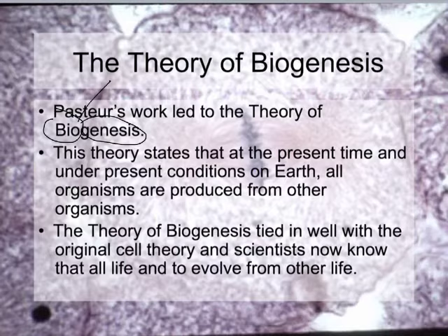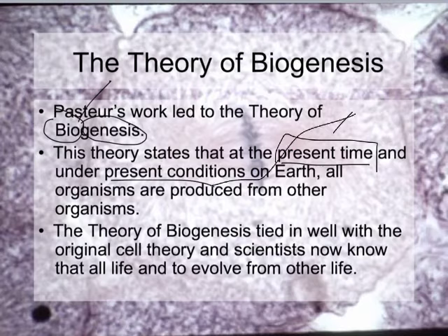But right now, under present time and present conditions, currently this theory still holds. Under present conditions is the key term. If life started on our planet spontaneously under maybe different conditions and at a different time, it may have been possible. But right now, under the theory of abiogenesis, it is not.